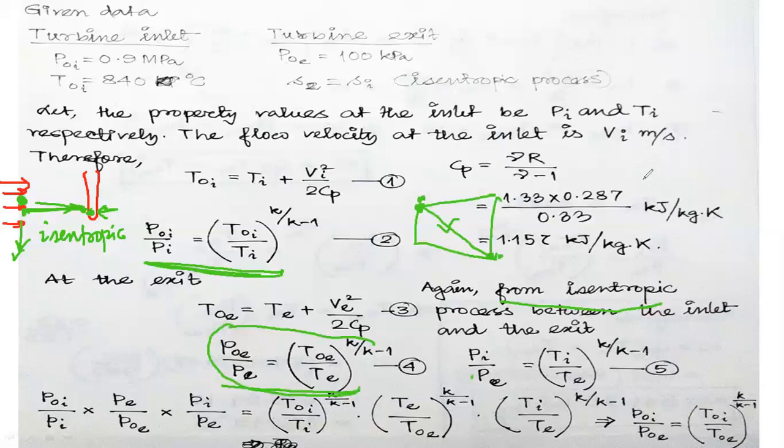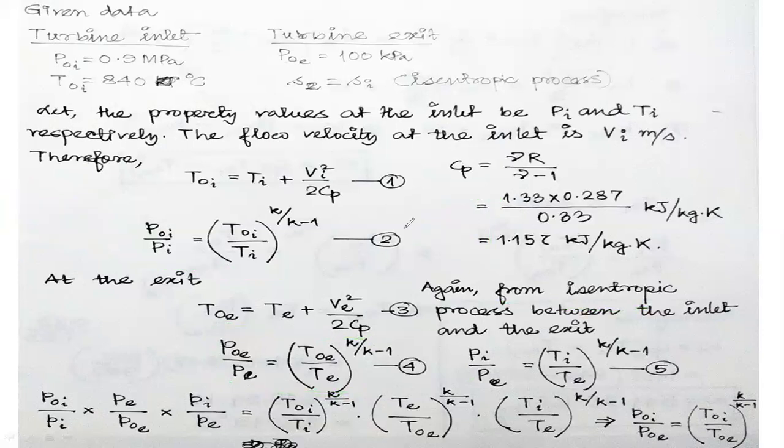Now remember that we have to determine T0e from this. Now what are given? P0i given, T0i given and P0e given. So all the actual properties are not given, therefore we have to arrange the expressions in such a way that they will cancel.